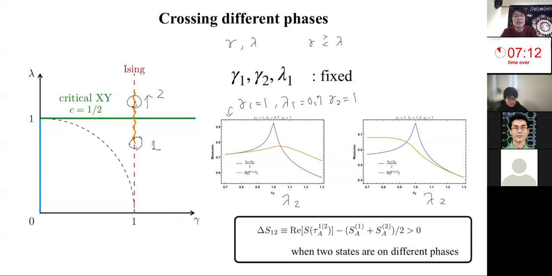Or do we always have to consider delta, some kind of difference between the real part of the pseudo entropy and the average entanglement entropy?